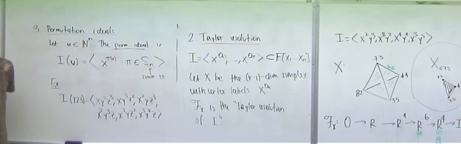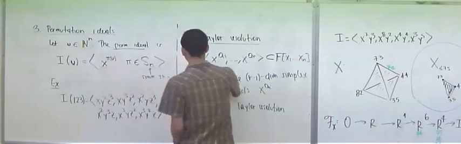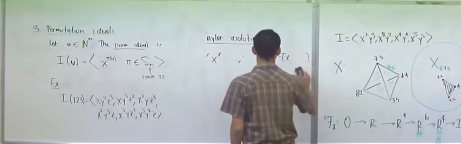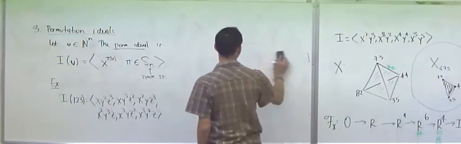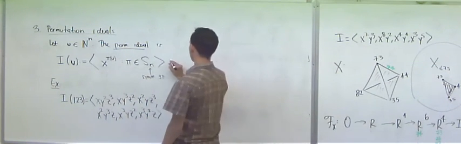Because there are 6 permutations of the numbers from 1 to 3. Okay. So this lives in n variables, yeah?